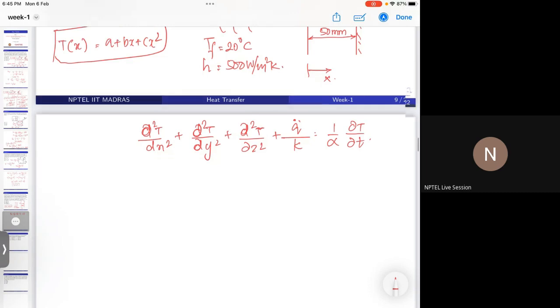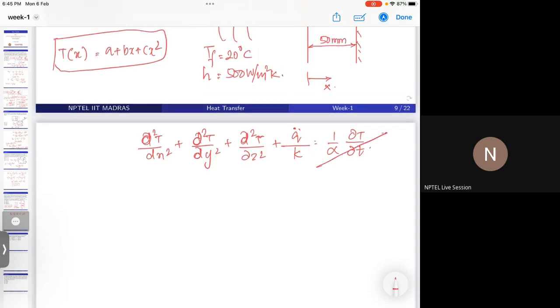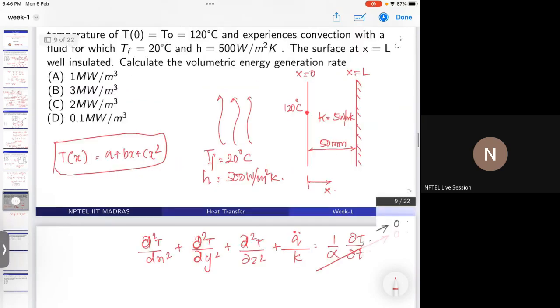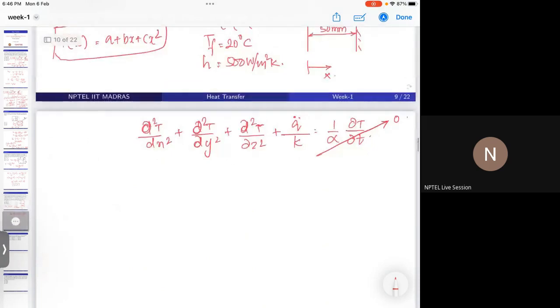Okay. So this is a steady state equation, so the right hand side will cancel out, and also it's one dimensional, so there is no variation in the y and z directions. But we cannot neglect the fourth term, because there is heat generation happening.